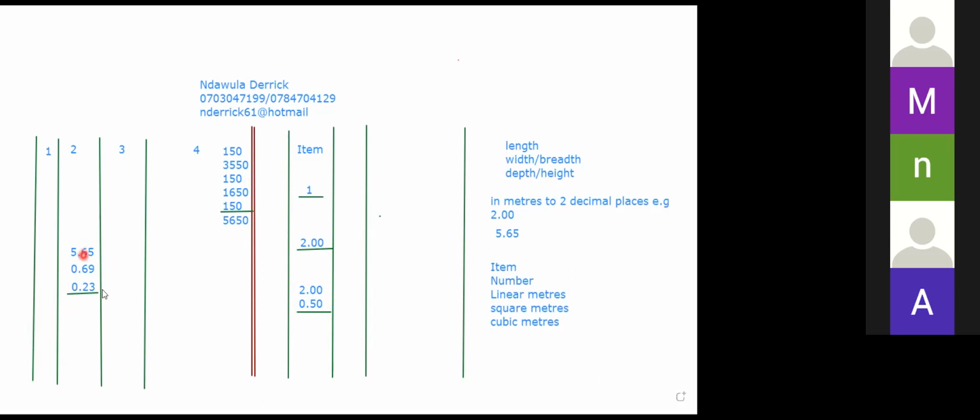Then if it is 3, length, width, depth, that is cubic meters because it is length times width times depth. If I could just add something here in brackets, this would be length times width times depth for volume. Then square meters, then for linear meters, it is just length. I hope that helps.